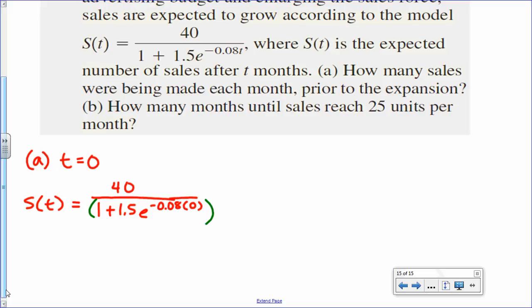Then when I do e to the x, that should go ahead and put an open parentheses. Make sure you close it after multiplying by 0, so double parentheses at the end. Now, you could just do that negative 0.08 times 0 in your head, but you should still close the parentheses.